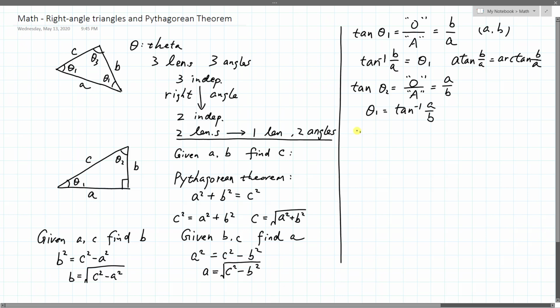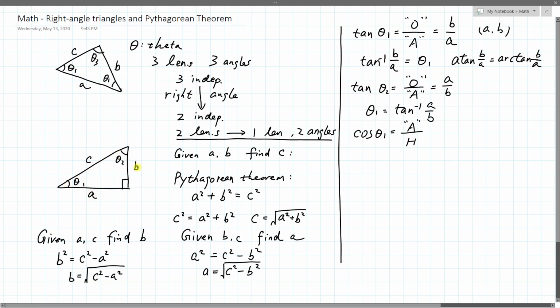So I can define another trigonometric function, which is cosine theta 1 is the adjacent over hypotenuse. The hypotenuse is always the longest line here, so there's no need to worry about which side, because C is the only one that is the hypotenuse.